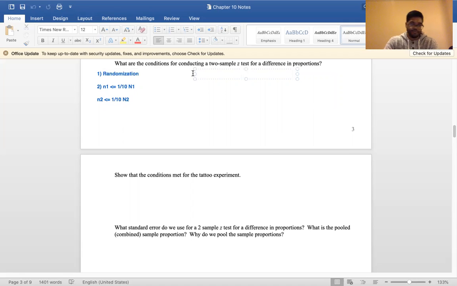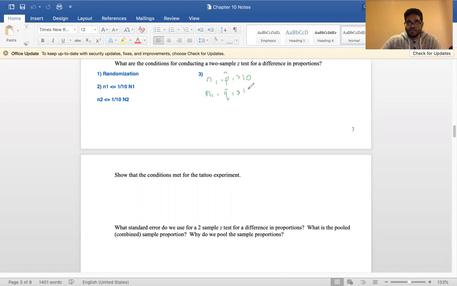Number 3, we have to check normality. So N1 times P hat 1 greater than 10, and N1 times Q hat 1 greater than 10.